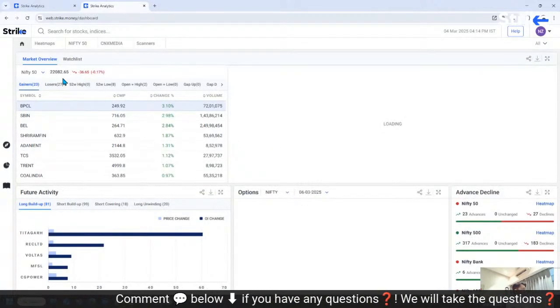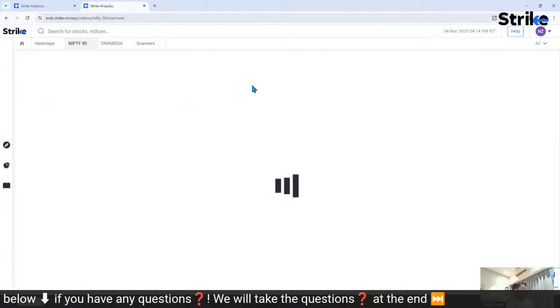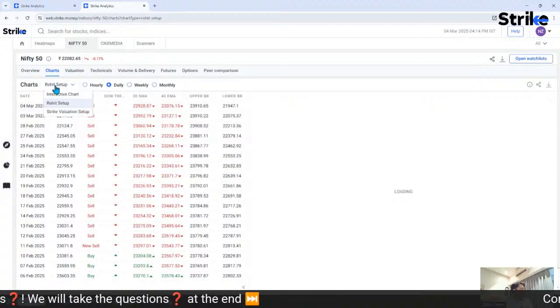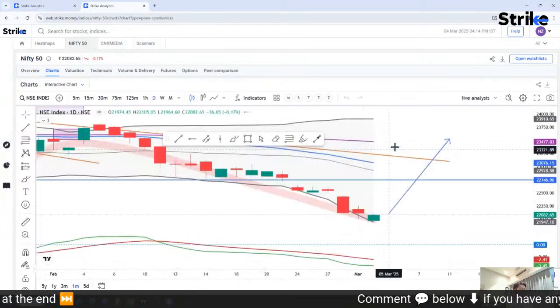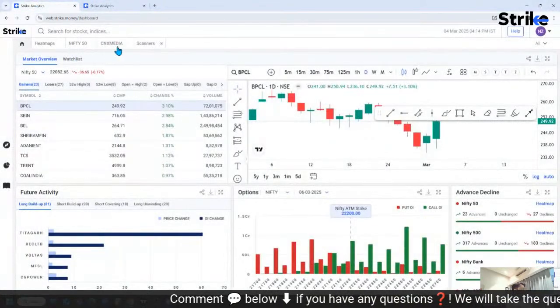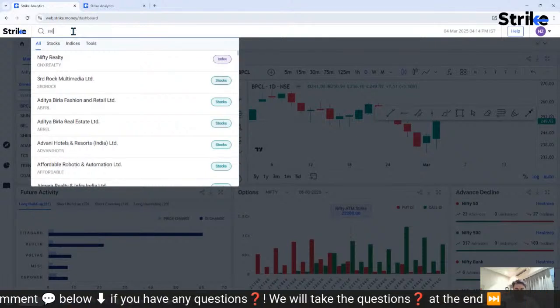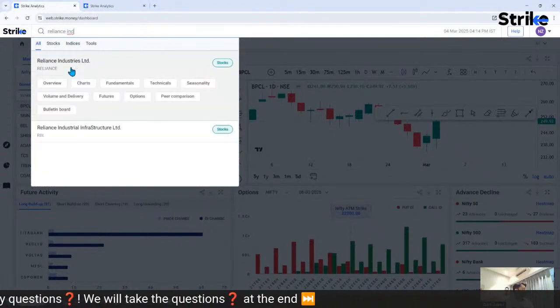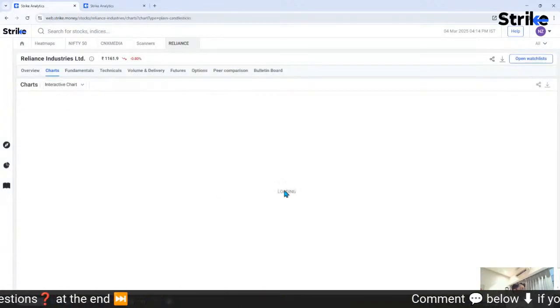Okay, and yes, so you can open up a chart over here. Let's say the Nifty chart, Nifty interactive chart. You want to keep it open over here. Similarly, in this particular tab, you can open up maybe some other stock. Let's take Reliance Industries, for example, and say charts, interactive chart.